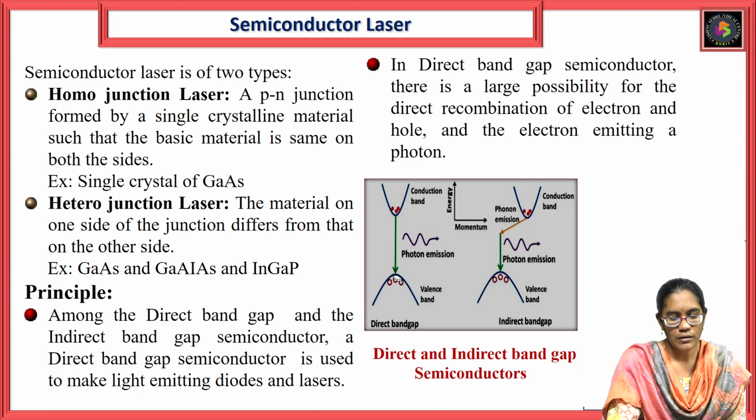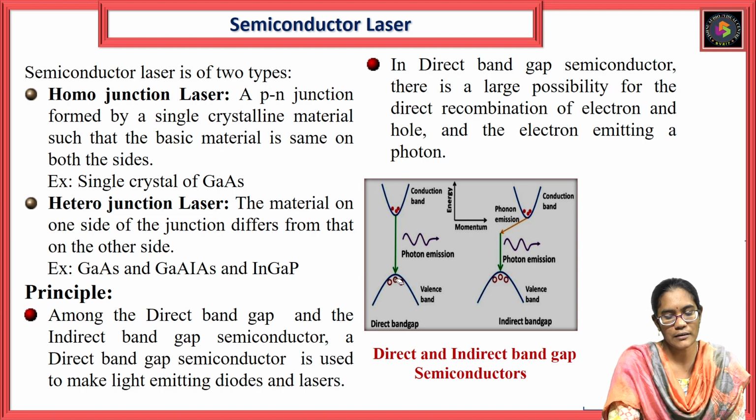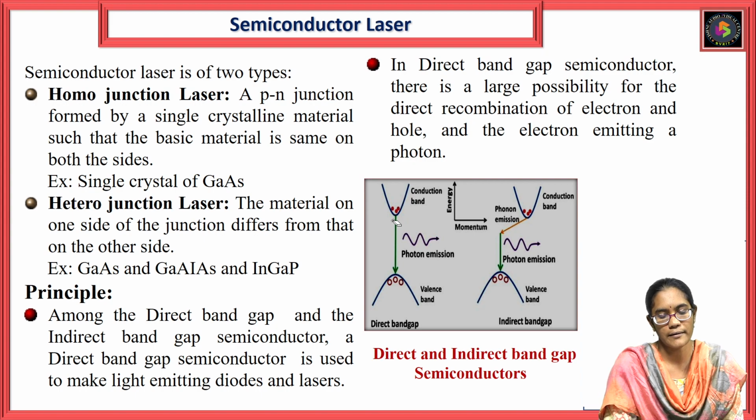The top of the valence band and the bottom of the conduction band appear at the same values of the momentum vector, and the energy is emitted in the form of photons. So there is no change in momentum vectors. Those semiconductors are called direct bandgap semiconductors.